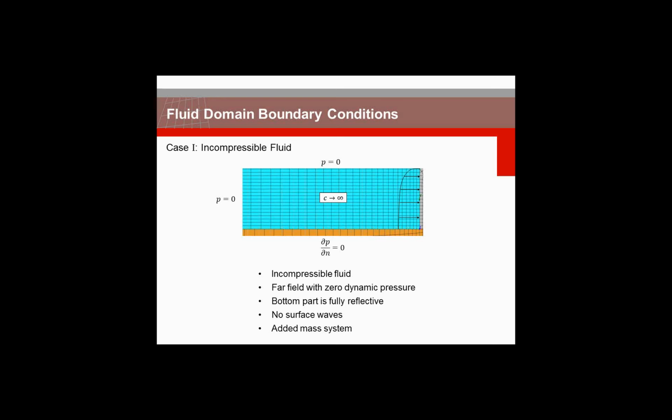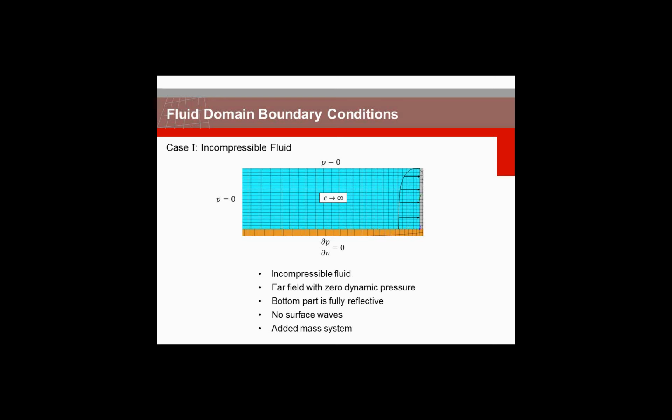The first case is that we consider that the fluid is incompressible. It is the most simplified way to define the fluid equation of motion, and in this case the pressure at the top is set to 0, the pressure in the left boundary is set to 0 also, and the gradient at the bottom is set to 0 also.